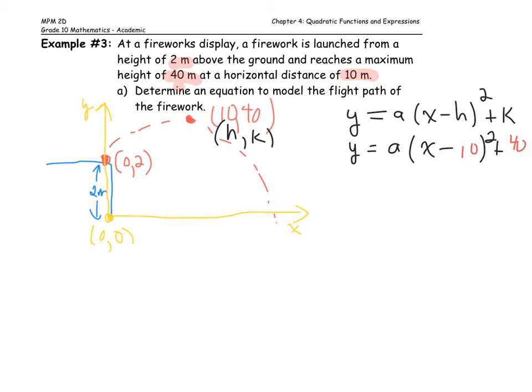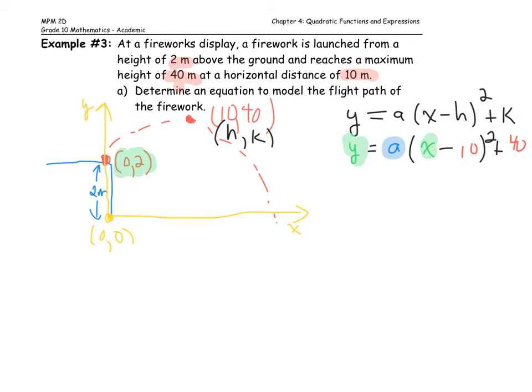But in order to figure out what the value of A is, in other words, whether this has been stretched at all, I can plug in my other coordinate. For x and for y in this function, I'm going to sub in the starting position of that firework.